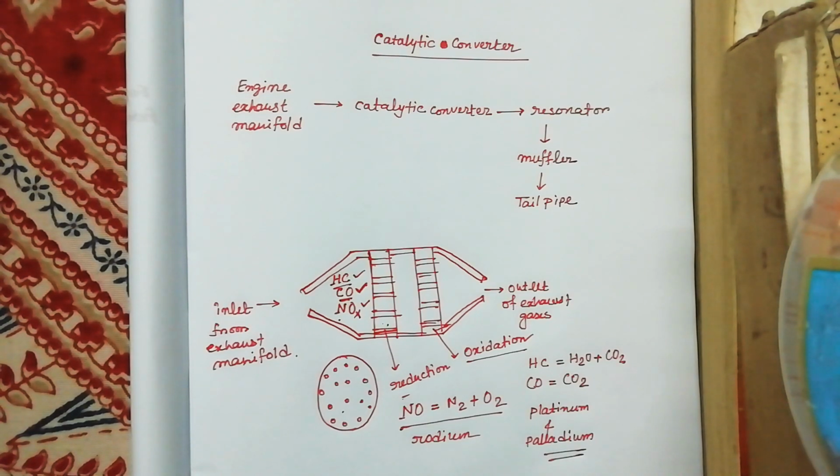The main motive is to pollute the environment as little as we can. This is the basic motive of all of us, so we connect this type of device. This is the main function of the catalytic converter.